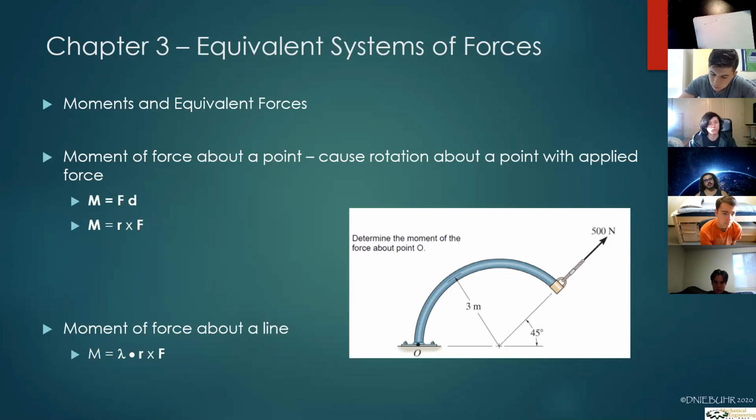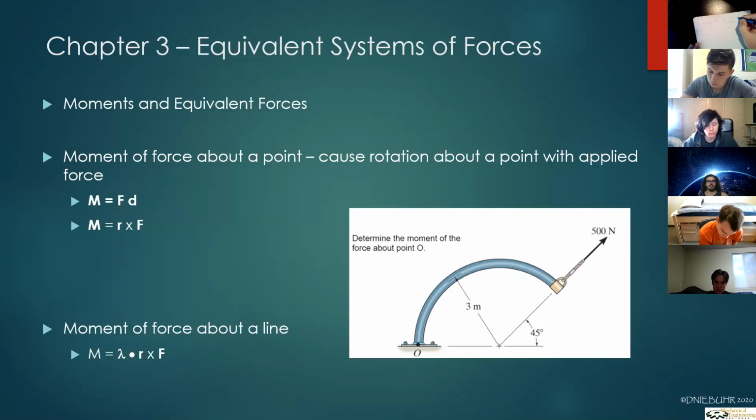All right, so nothing new with that. So in 2D, even though this is a vector, the assumption is that we're always going about the axis that is out of the page. So our final answer is always going to be something in Newton meters in the K direction, or foot-pounds in the K direction.